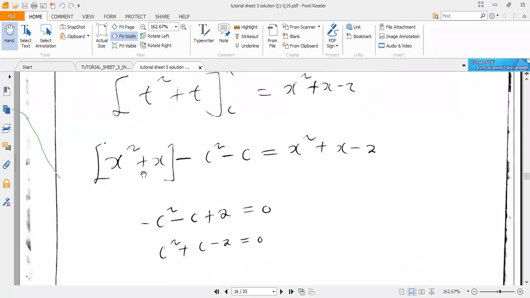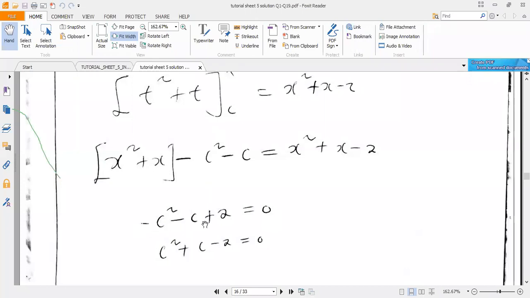Then you play around with these guys. You're going to say x squared plus x. Then here, when this guy, x squared, comes to the other side, it's going to be x squared minus x squared, which will just be 0. Then x minus x will cancel, right? So when the 2 jumps the equal sign, you're going to have positive 2 there equal to 0.